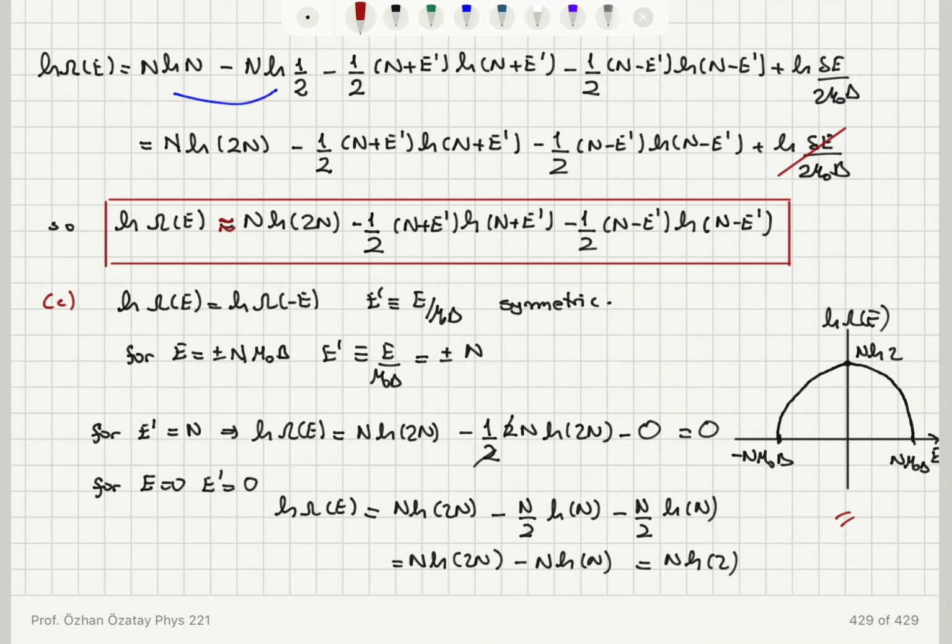Then it has a maximum at 0 energy, at capital N ln 2. So it will look like a symmetric plot that starts from capital N ln 2 and decreases to 0 at the extreme energy values, as you can see in this plot that I have drawn here.